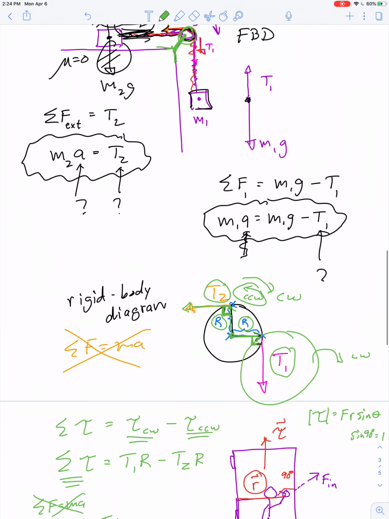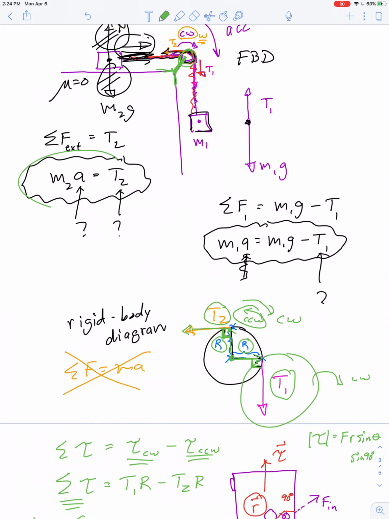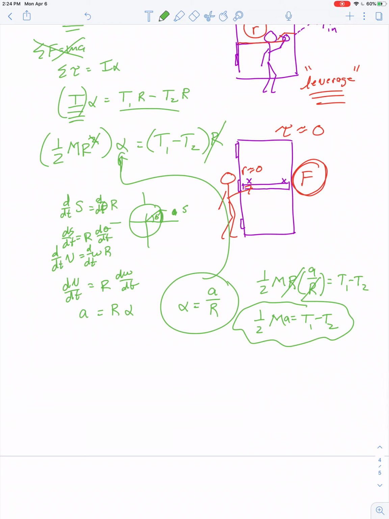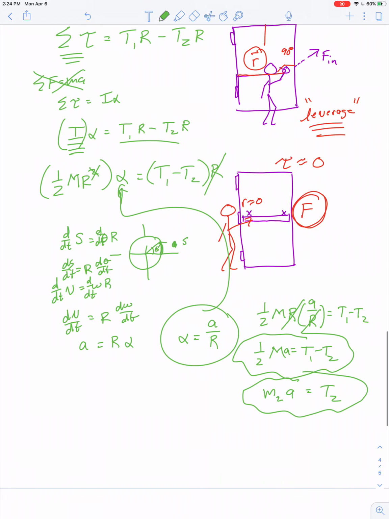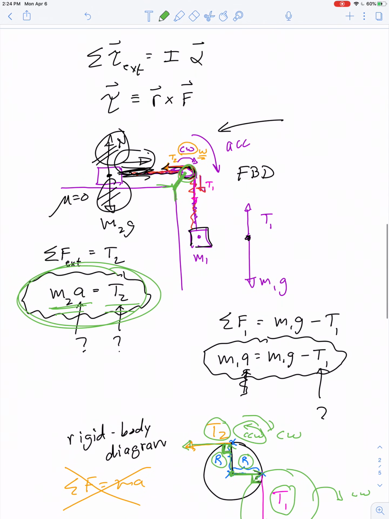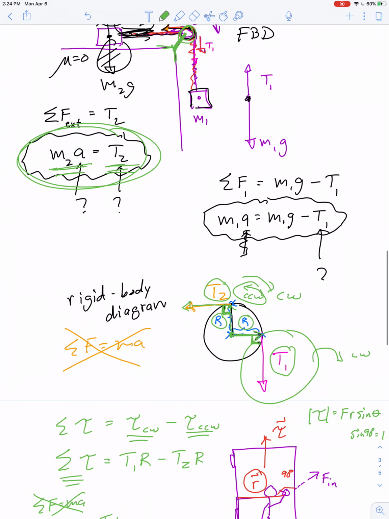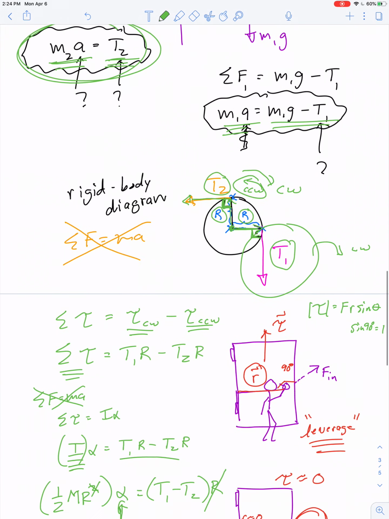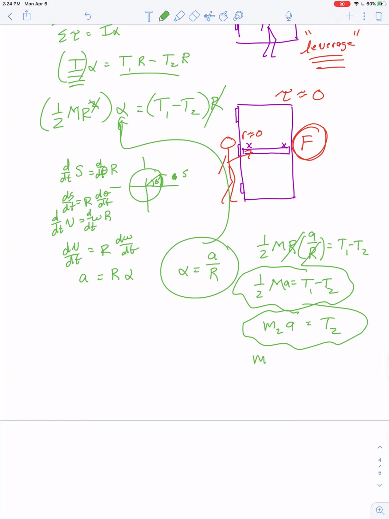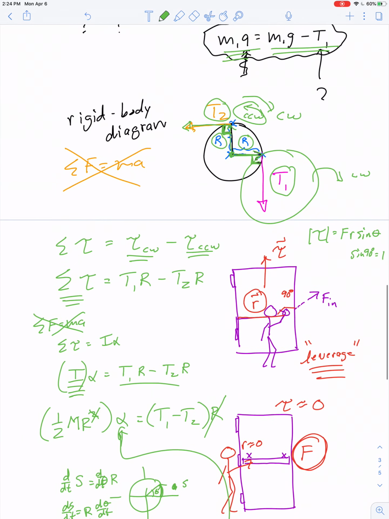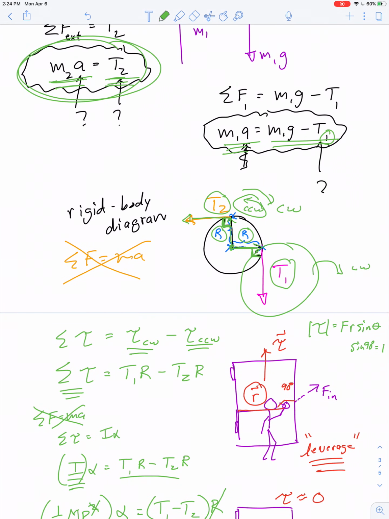And that goes along with this equation. M2A equals T2, right? And then M1A equals M1G minus T. Which T is that? That's minus T1.